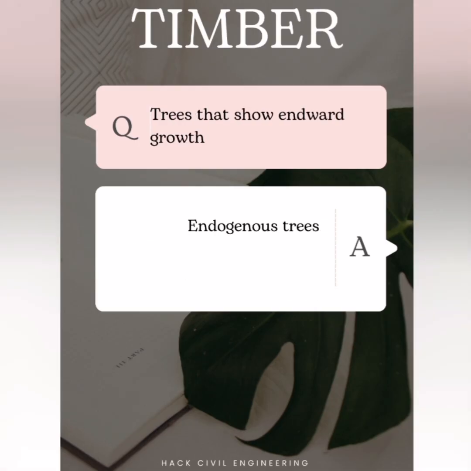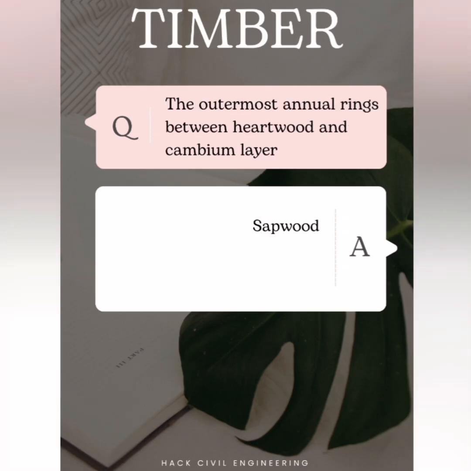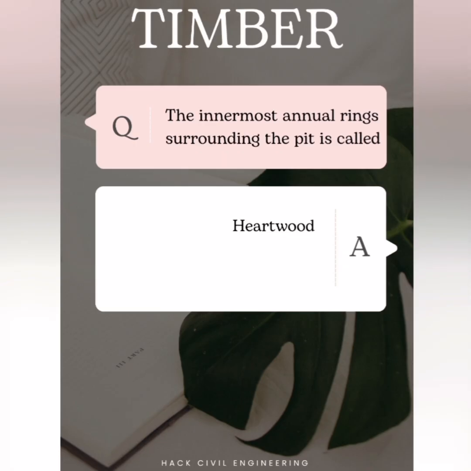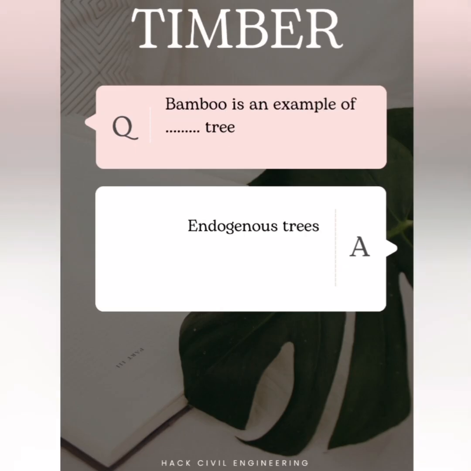Trees that show endward growth: endogenous trees. The outermost annual rings between heartwood and cambium layer: sapwood. The innermost annual rings surrounding the pith are called heartwood.